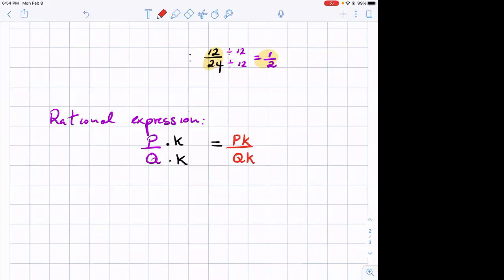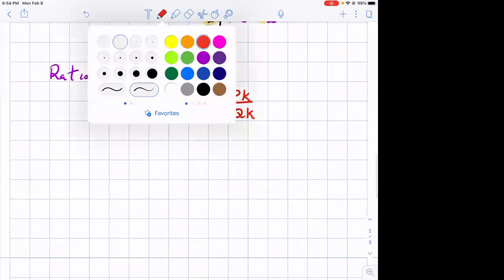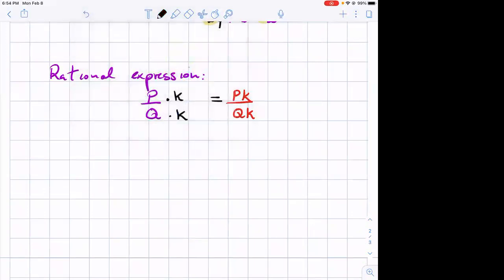The same will happen if we divide both by k. So by multiplying or dividing, it doesn't change the expression. With this whole idea, we can use this property to reduce rational expressions.